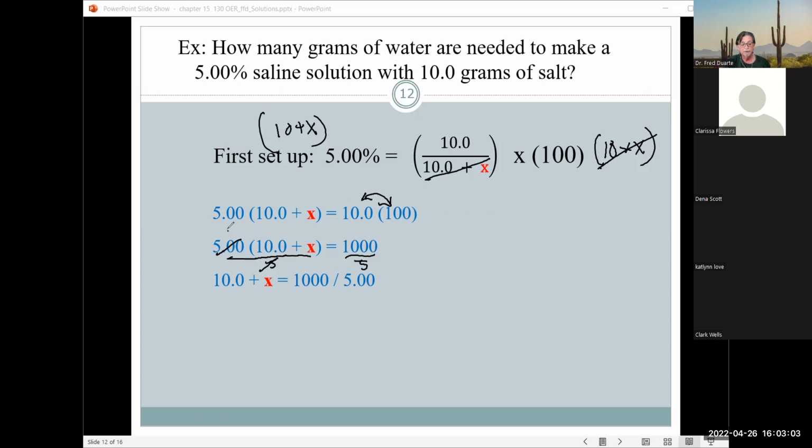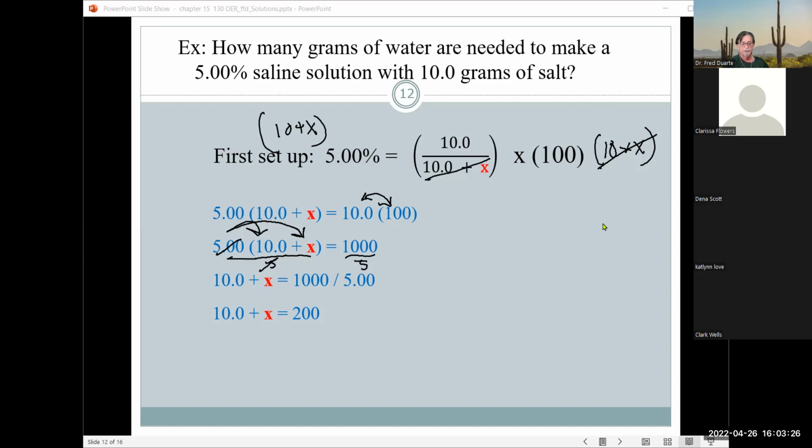Alternatively, you could extend this, multiply 5 times 10, 5 plus x, and then you end up with another equation, and you can solve for x that way. Six of one, half a dozen of the other, you're going to eventually get to the same spot. Now at this point, they go ahead and take 1,000 divided by 5.